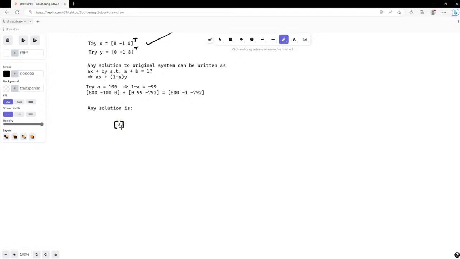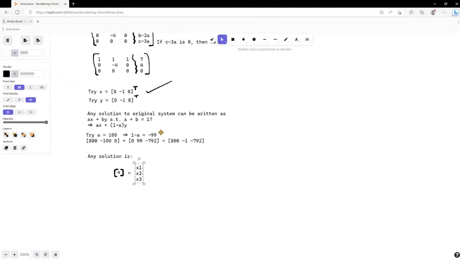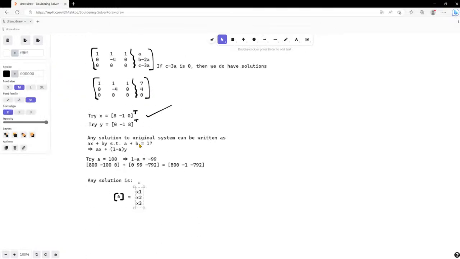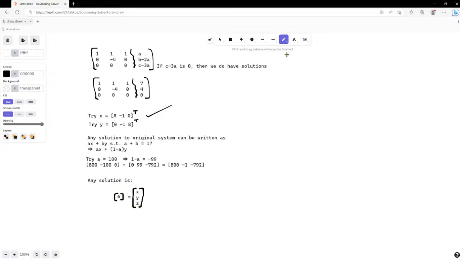So we have just a one element vector, and this is equal to some 3 element vector, which I'll call x1, x2, x3. What did I call it up here originally? X, Y, Z. Okay, so I'll stick with that. So therefore, this matrix T has to be a 3x1 matrix.